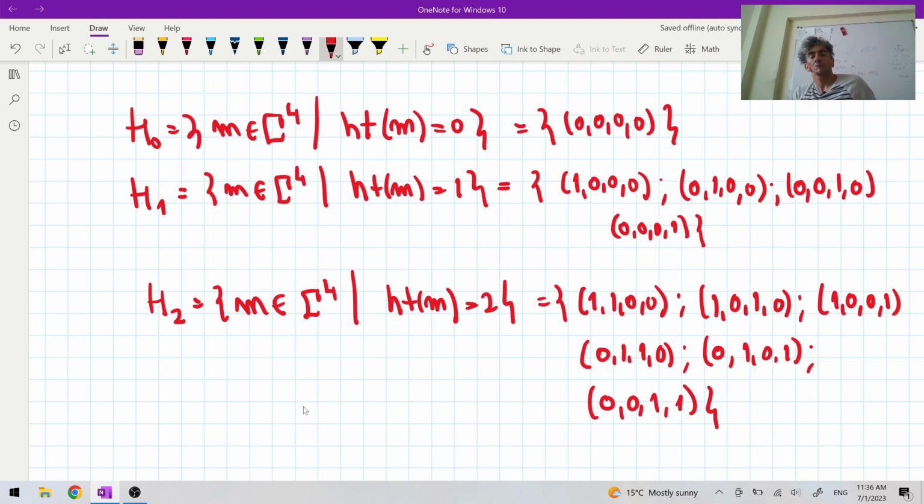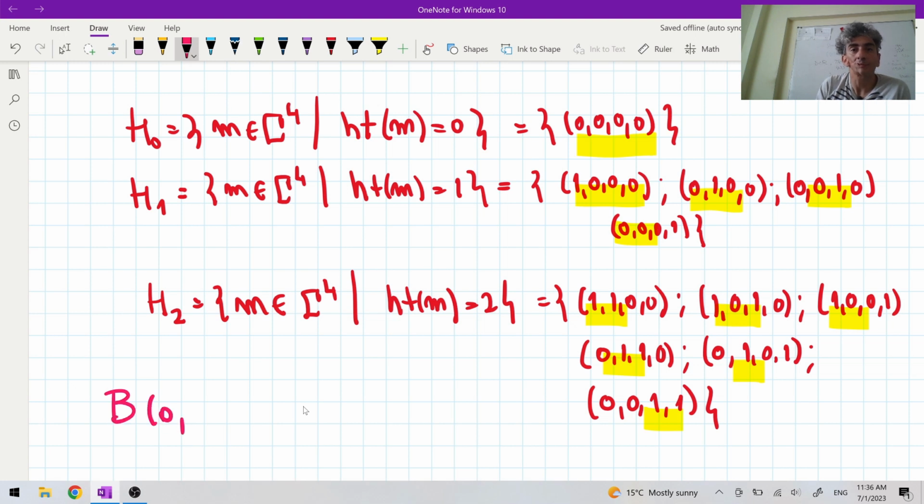Of course, so all of this: 2, 3, 4, 5, 6, 7, 8, 9, 10, 11. So the ball centered at 0 of radius 3 has 11 elements.